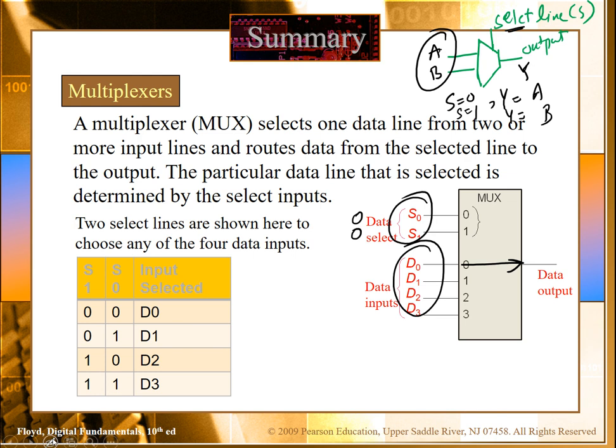If my input is 0, 1, I should route the output of this one. So a multiplexer is a device where we can select the data lines for the particular transfer of data to the output, depending on the combination of the select inputs.